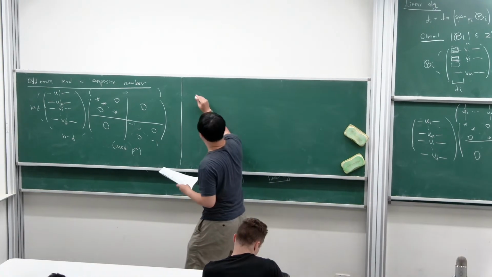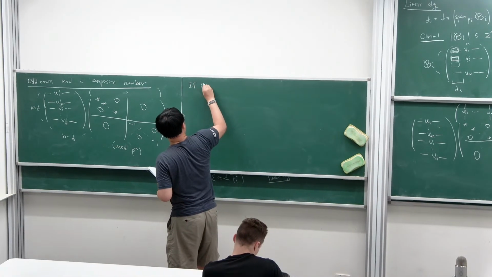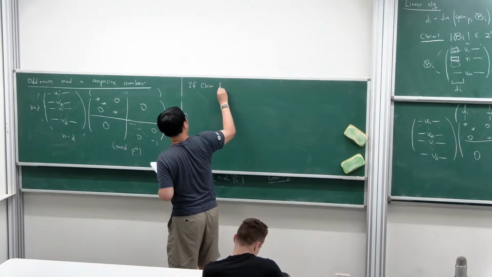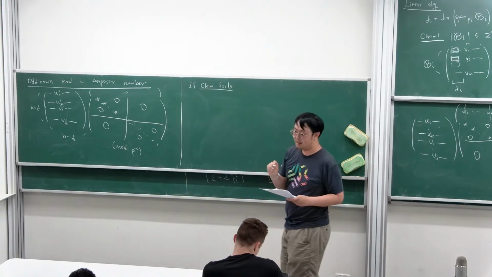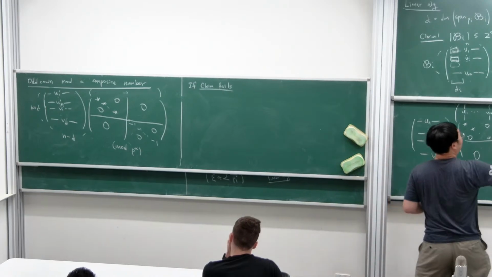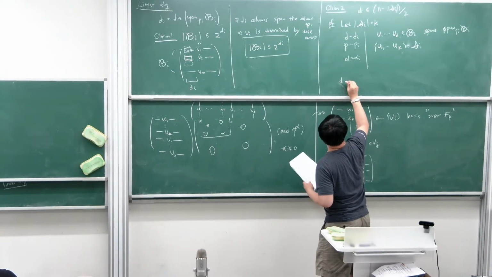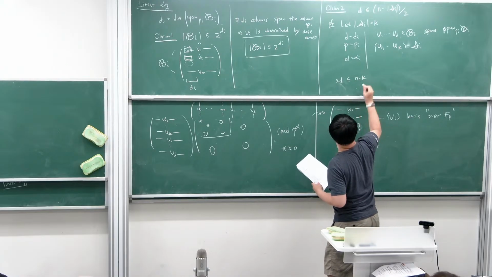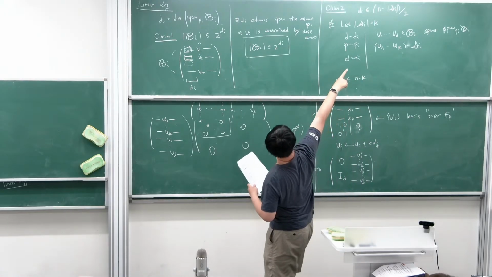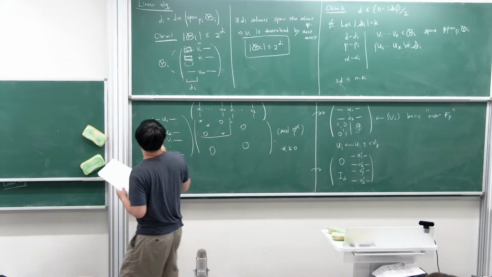Okay, so if the claim is false, then remember the claim is equivalent to saying that 2d plus k is less than or equal to n. I'm just rearranging terms. Remember ai is k and di is d.